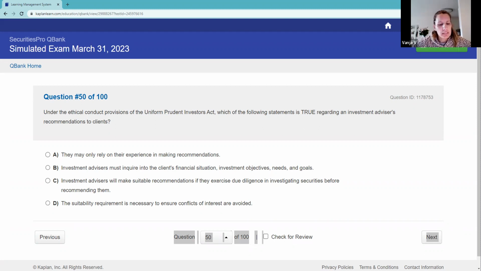Investment advisors will make suitable recommendations if they exercise due diligence in investigating securities before recommending them. Well, where's the client in all of that? The suitability requirement is necessary to ensure conflicts of interest are avoided. Suitability has nothing to do with conflict of interest. So the true one: investment advisors must inquire into the client's financial situation, investment objectives, needs, and goals. So B as in boy. Excellent, excellent.